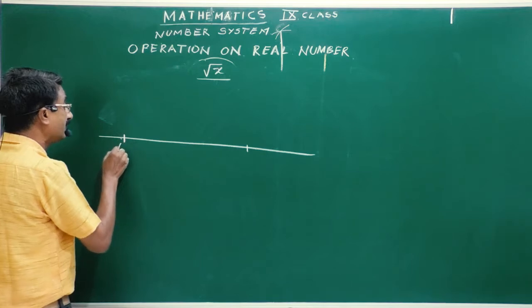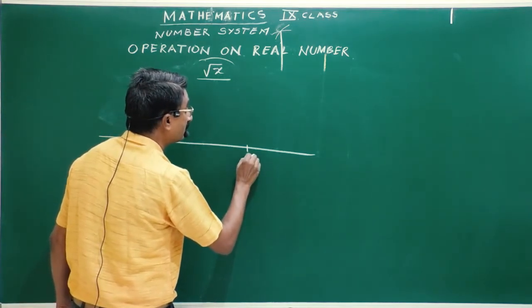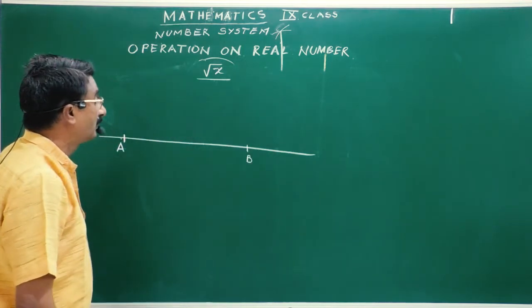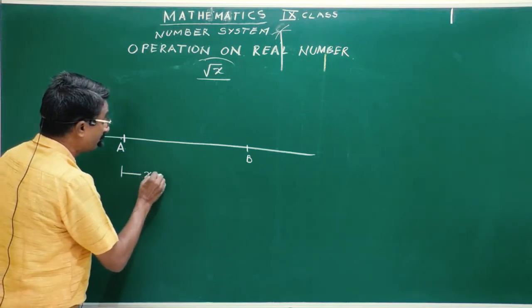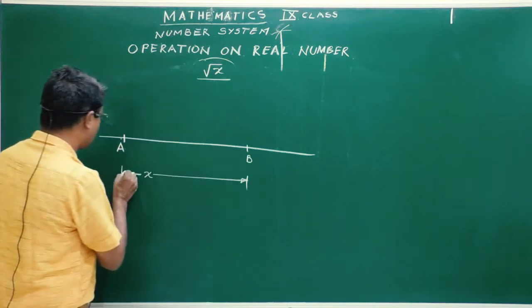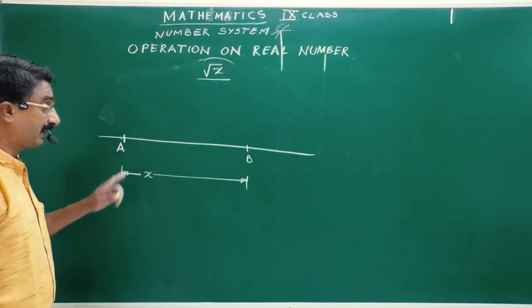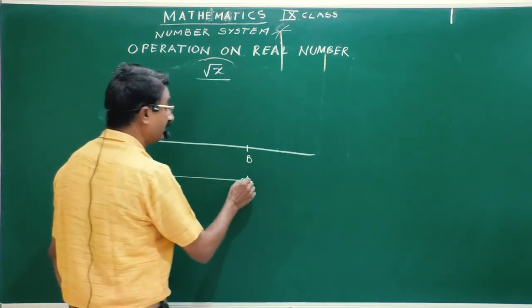So this is A and this is B. AB distance is x. Be careful, I am not doing anything new. I am doing the same procedure which I did with 3.5. This is x. What is the next step?